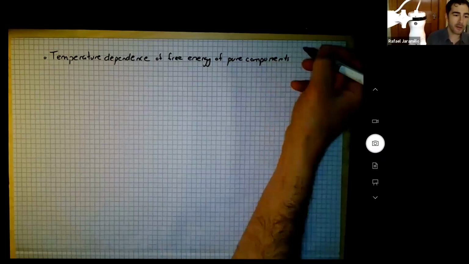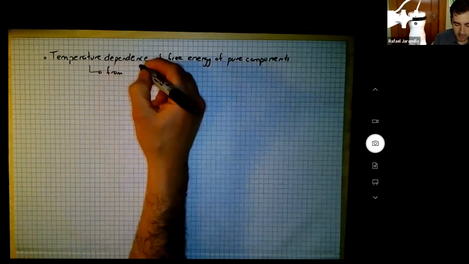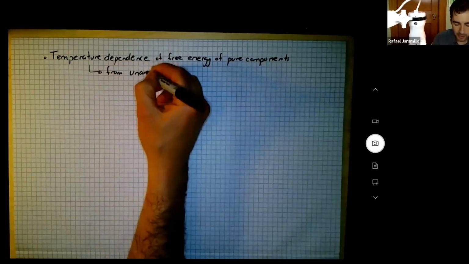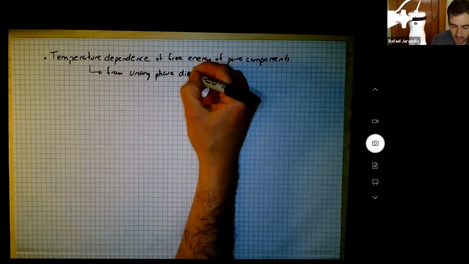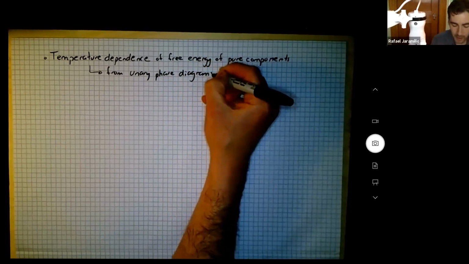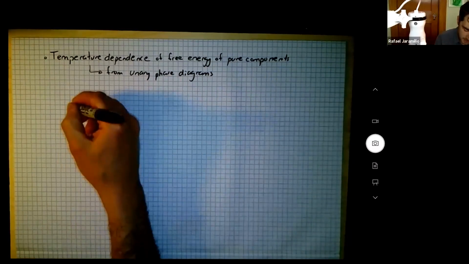Right, everything that we learned from unary phase diagrams, we're going to need here. We're going to need to use all that stuff in order to build up binary phase diagrams. So let's draw that for germanium and silicon.